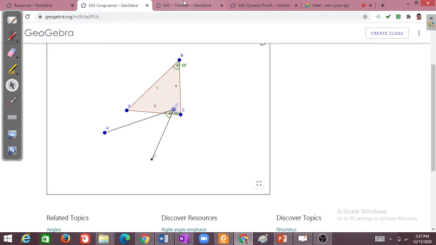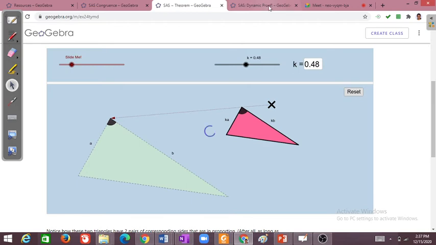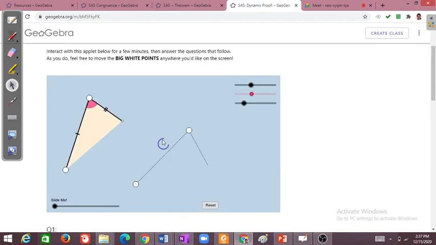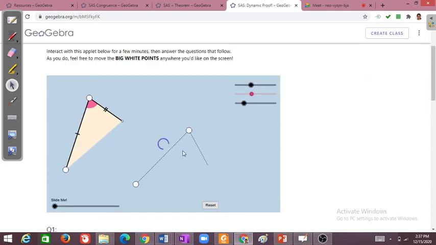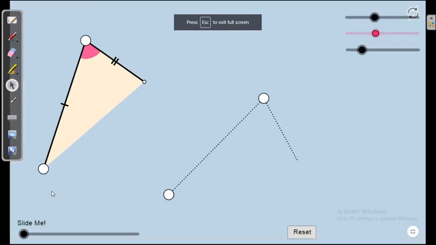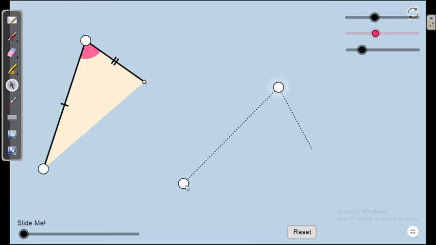Now, here let's see. First I will take this side and place it over this side. Let me keep it like this.